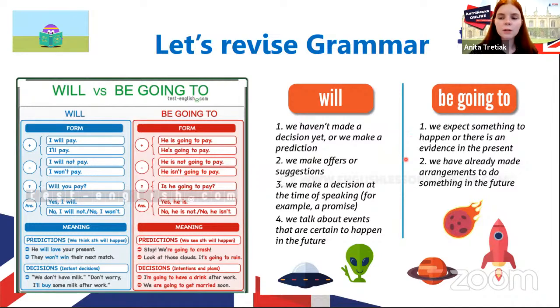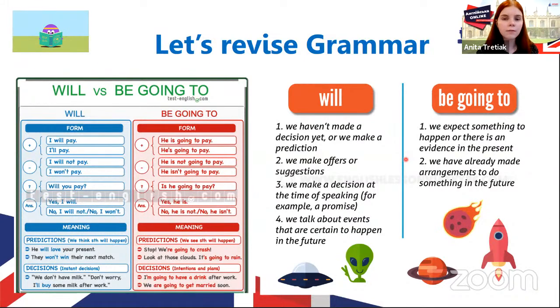Or we have already made arrangements to do something in the future. So these are the plans that you use, that you want to have in the future. What can it be? I'm going to go to Italy next summer.